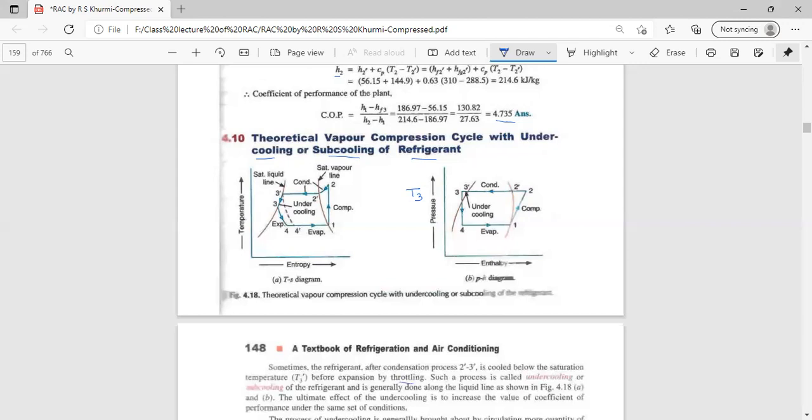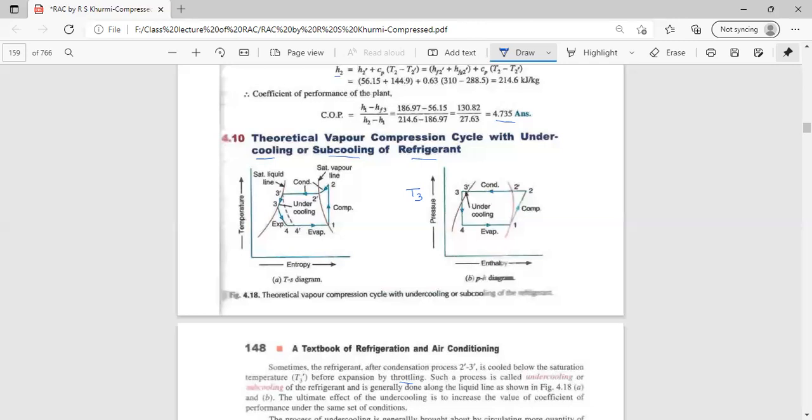So the cooling effect started from 2 to 2 dash, where it lost some of its enthalpy to the surroundings to reach the saturated line. Then it is fed into the condenser, where it is cooled and releases heat, and at point 3 dash it is at the dry saturated line. But again, it is cooled to a certain extent up to point 3, which is not isentropic, not isenthalpic itself.